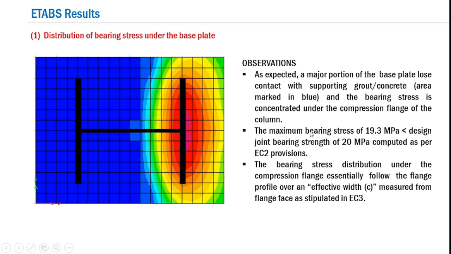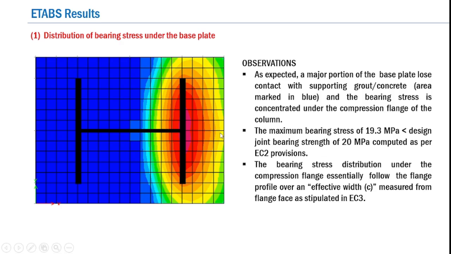And now from this analysis we have obtained a maximum bearing stress of 19.3 MPa, and this works out to be less than the design joint bearing strength of 20 MPa, which is computed as per the EC2 provisions. Thus we find that the bearing stress check is satisfied.